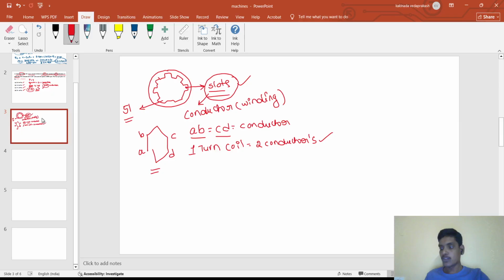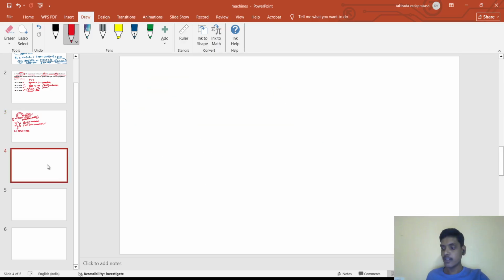So what is the total number of conductors? The total number of conductors is indicated with Z. Z is equal to 51 slots times 20 conductors per slot, so we have a total of 1020 conductors. That is the value of Z we needed to find out first.